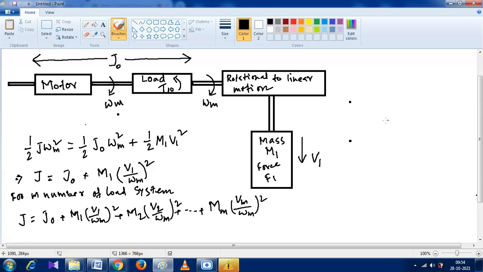And what about the load torque? We have to calculate now the load torque equation. So tell me, what is the power of that system?